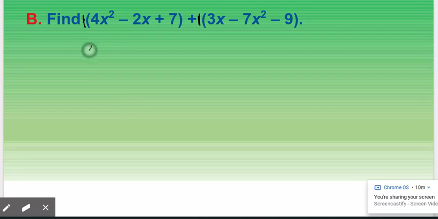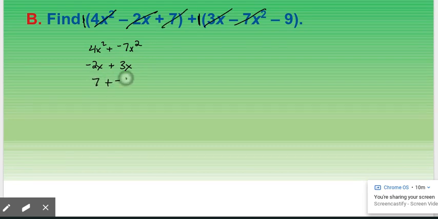So let's organize. I got 4x squared and I have negative 7x squared. Okay. I have a negative 2x and a positive 3x. And then I have a positive 7 and a negative 9.